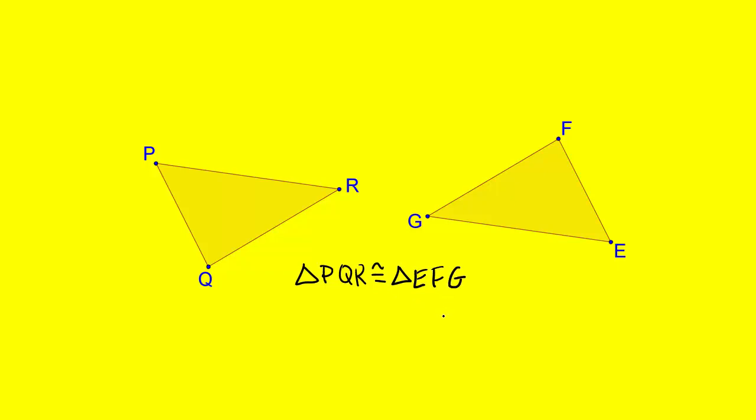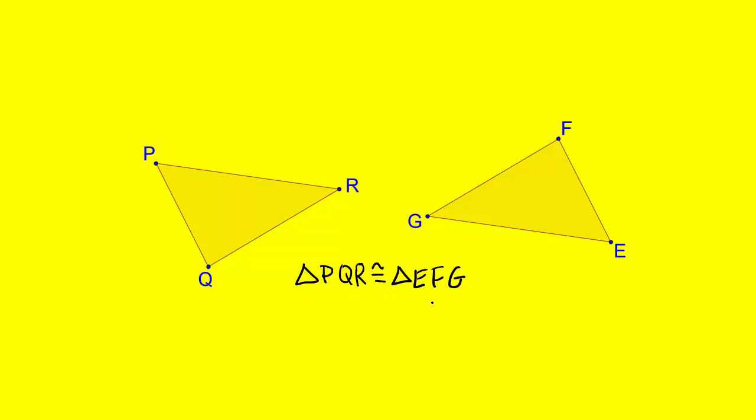Even though they look different, sometimes if they rotated one of the triangles around, the orientation looks different, so it doesn't look like they really match up. But again, if they tell you they're congruent, then by definition we know that we're going to have corresponding angles be congruent and corresponding sides be congruent.